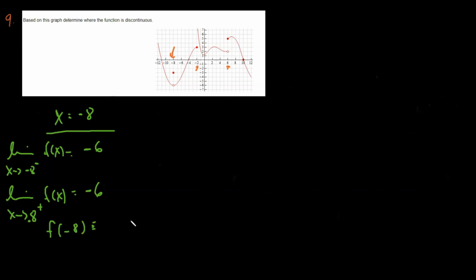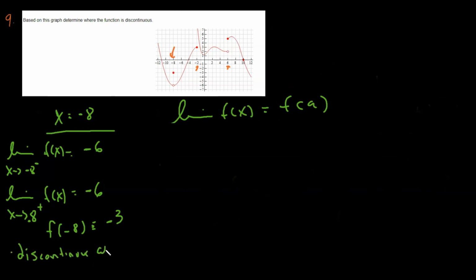If it's the same, we are golden. So f of -8 is -3. So it's not the same as the limits, because once again the rule for continuity is the limit as x approaches a of f of x must equal f of a. F of a in our case is f of -8, which is equal to -3, which is not equal to -6, so it's discontinuous at x equals -8.